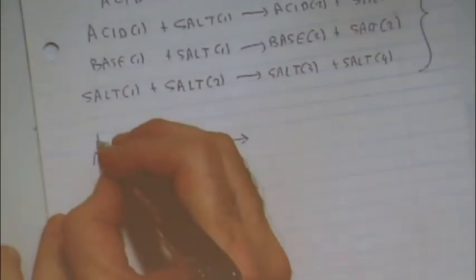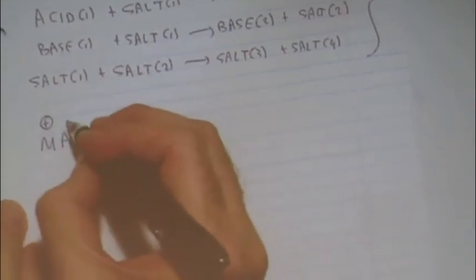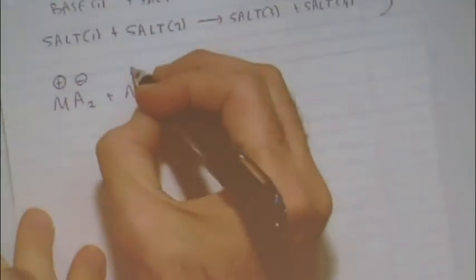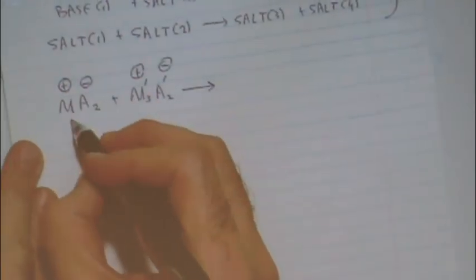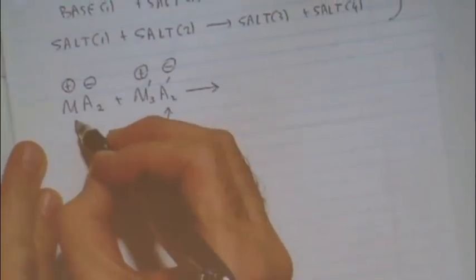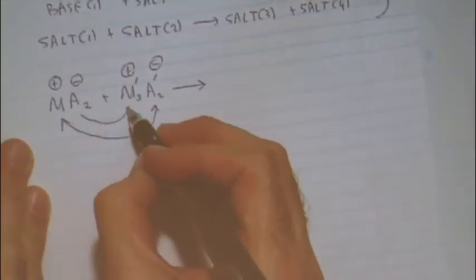Okay, this is the way you think. Look, when you have a salt, you always have the plus part on the left, the minus part on the right. I don't mean it's plus one, minus one. I just say part, okay? The plus part here, the minus part there. So, the salts that they will form will be this plus with this minus, and this plus with this minus. Don't you agree? Yes?